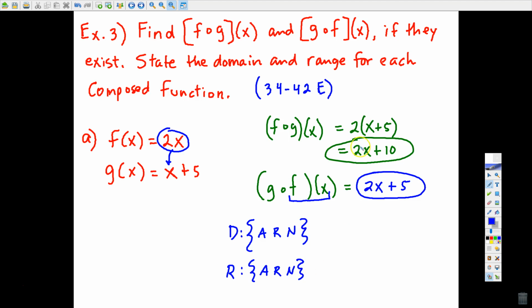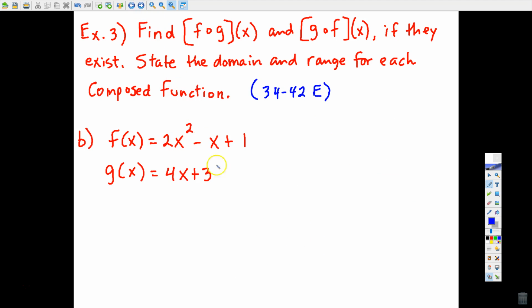Because remember, these are just lines that start at 10 on the y-axis and have a slope of 2, so it's really 2 different lines that extend forever and ever. And so for linear compositions like these, x to the first power, the domain and the range will always be all real numbers.